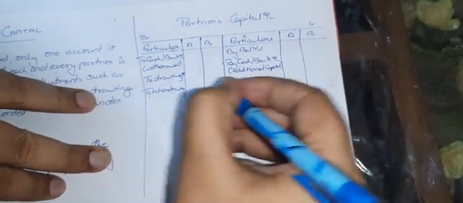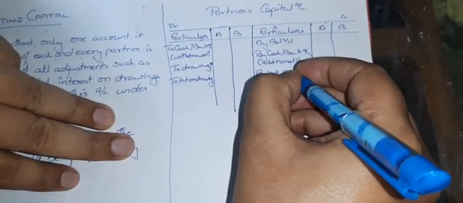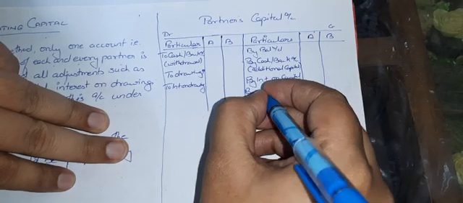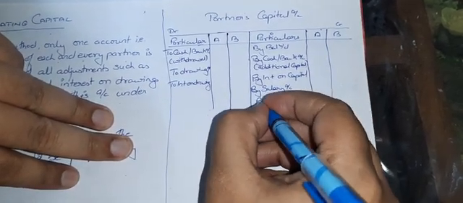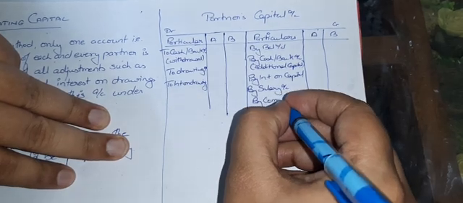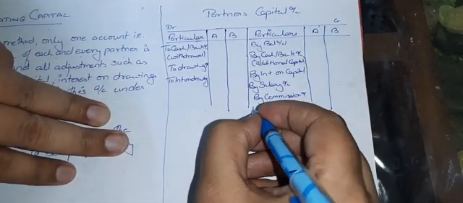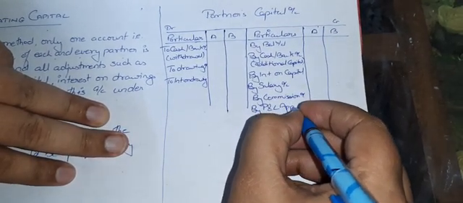If we have received interest on capital, it will be written on the credit side by interest on capital. Salary or commission, by salary account or by commission account. And if we have received the profit, by profit and loss appropriation account.